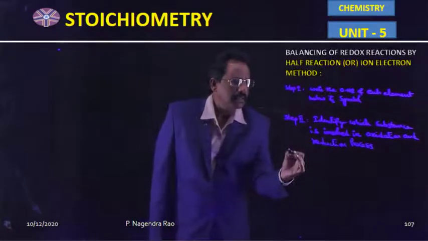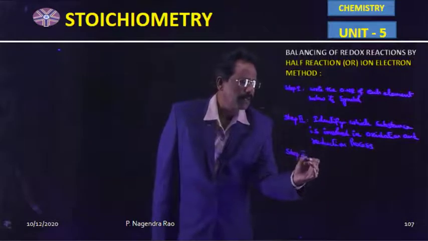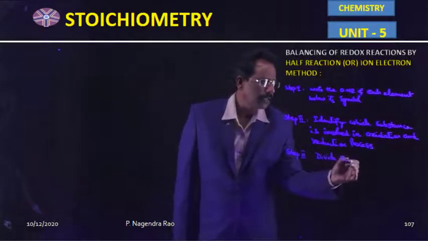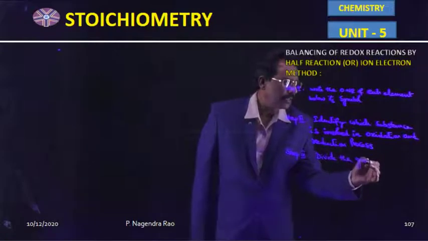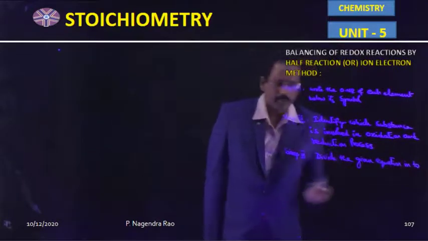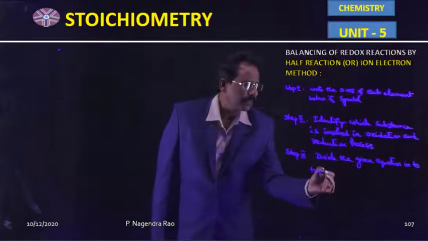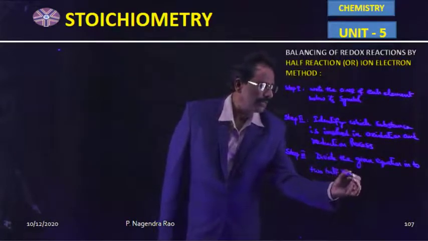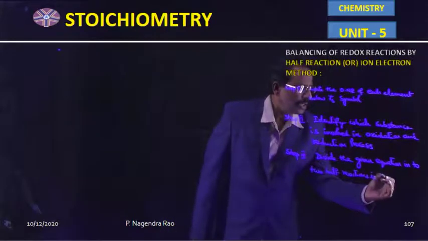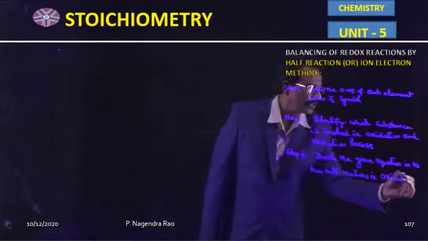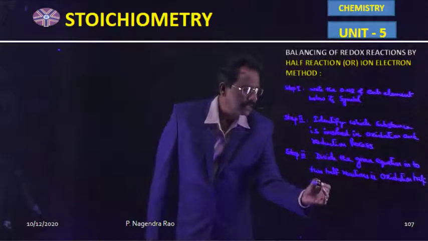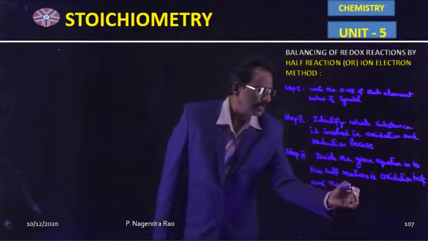And then the next step is to divide the given equation into two half reactions, that is, the oxidation half reaction and the reduction half reaction.